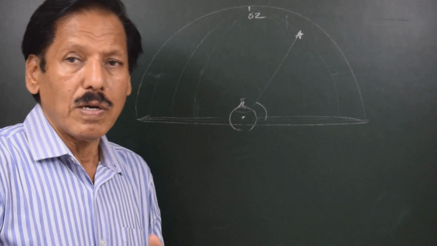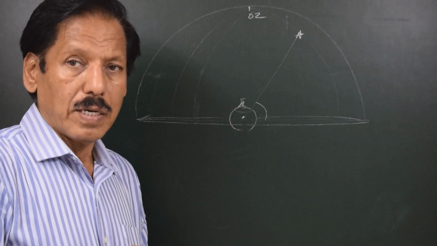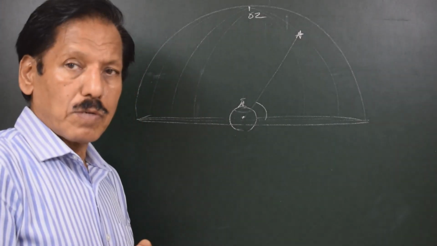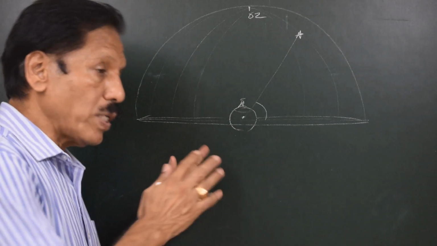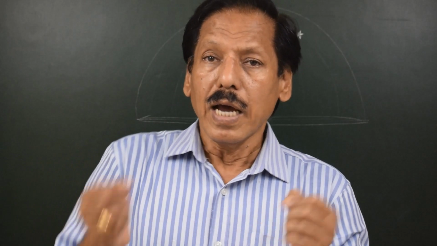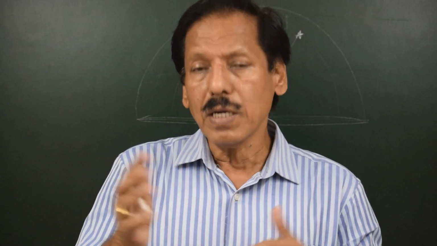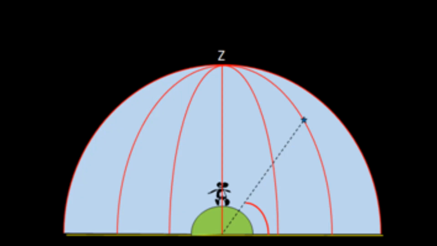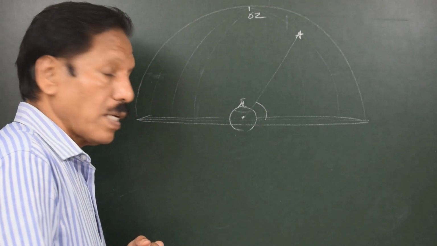So that is how you will find the celestial sphere, from the top of the observer's zenith. Basically, you are doing the astronomical calculations considering that the observations are made at the center of the Earth, but similar calculations can be done if you assume that you are observing the celestial sphere from the top of the observer's zenith.